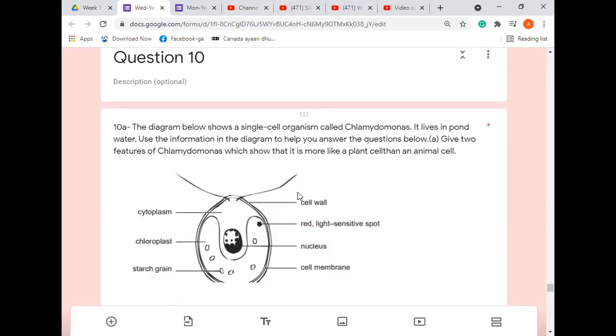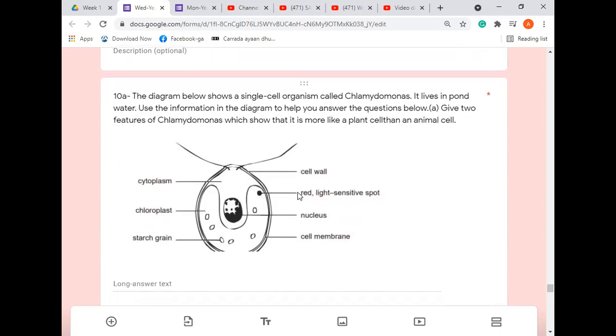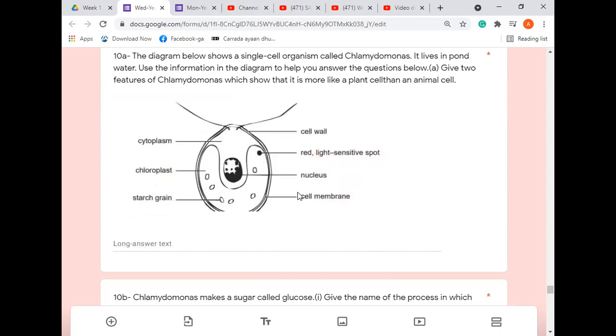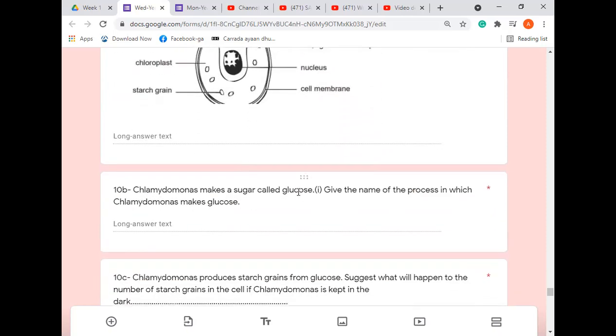Question 10 says, the diagram below shows a single-celled organism called Chlamydomonas. It lives in pond water. Use the information in the diagram to answer the questions below. Give two features that show it is more likely a plant or animal.